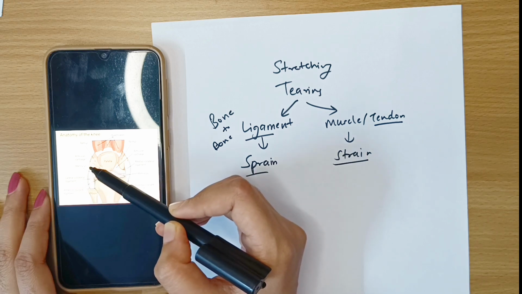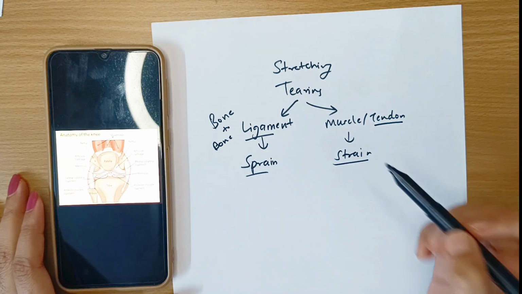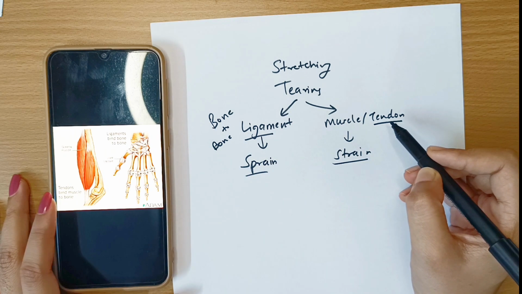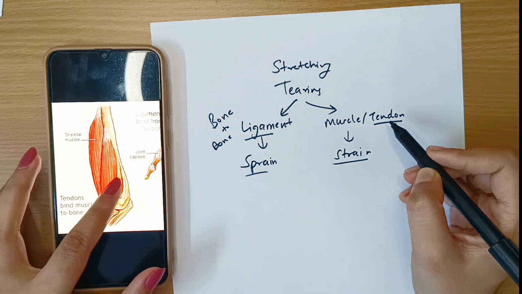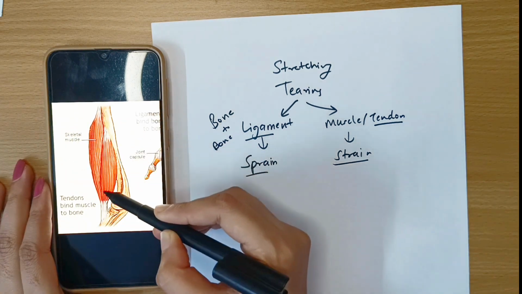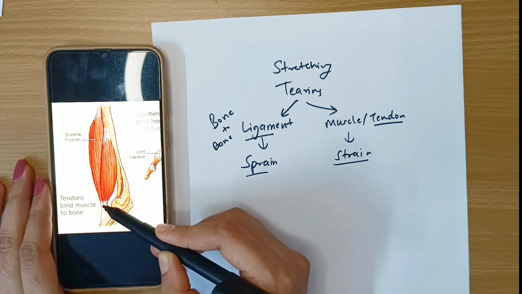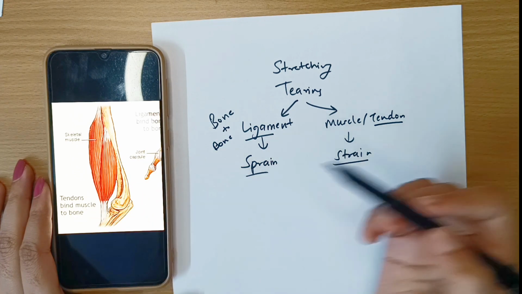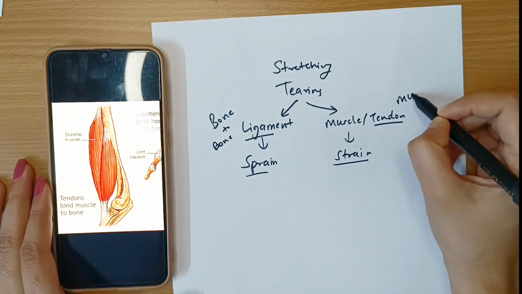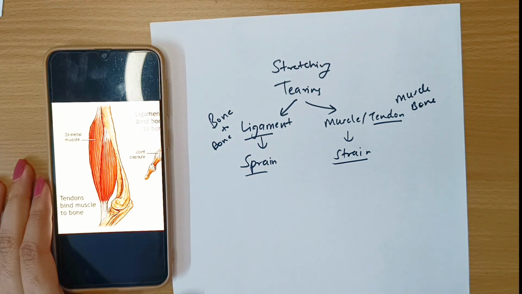So a fibrous tissue which joins two bones together is a ligament. And when we talk about tendons, we have a bone and a muscle, and this band of tissue which is joining the bone and the muscle is called a tendon. So the one that joins muscle and bone together is called the tendon.